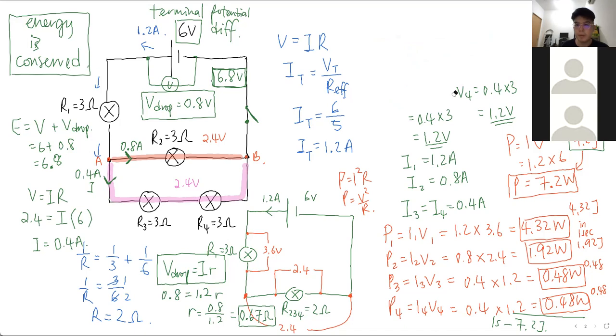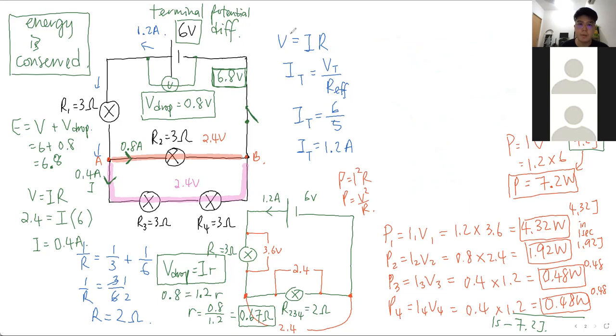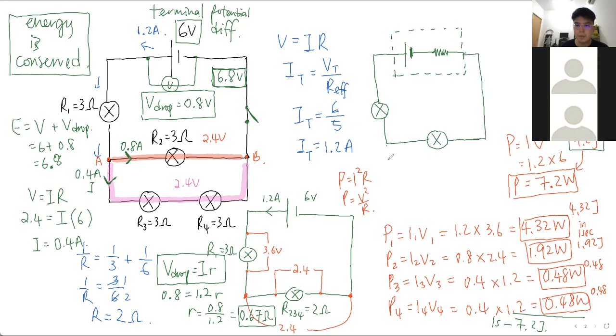Understand? Okay, so if I want to draw my diagram to show the internal resistance, I draw it like this. Battery, and then here we have the internal resistance. We draw a box like this. The rest is the same. Bulb like this, bulb like this, and then two bulbs here.